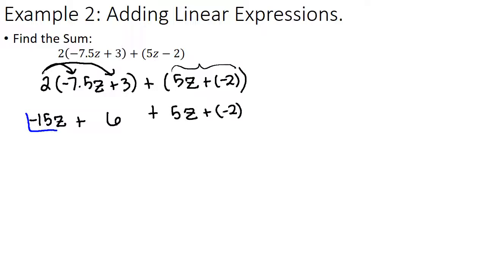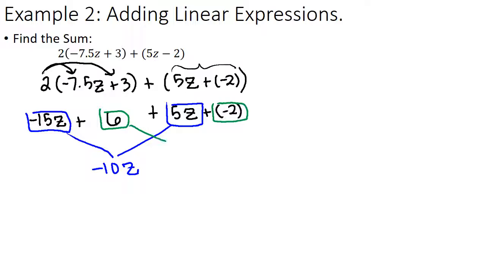I can start looking for my like terms. Negative 15z and 5z combine to give me negative 10z. And 6 and negative 2 can combine and give me positive 4. So that means my answer is negative 10z plus 4.